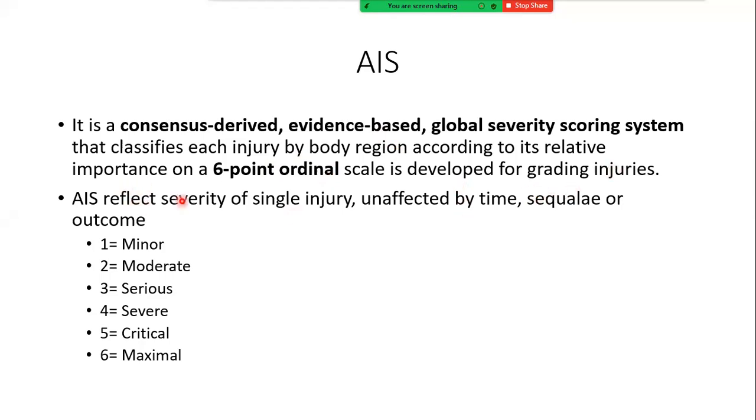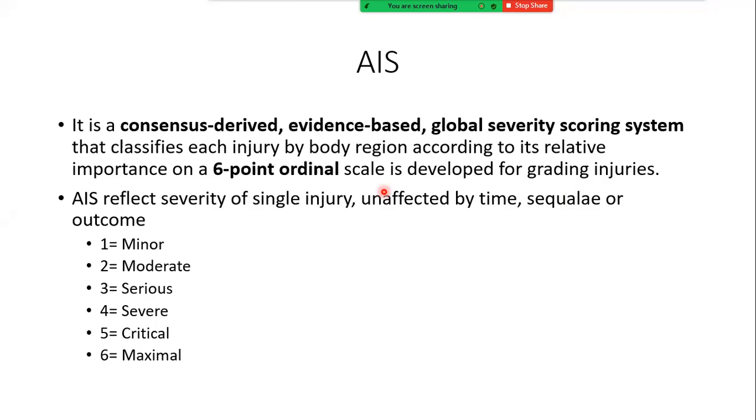So AIS reflects severity of a single injury only. This is to emphasize, for a single injury, one AIS will be given, and it is unaffected by time, sequelae, and outcome. Why it is important to understand is, when trauma has occurred, one patient has developed a parietal bone fracture or a humerus fracture.